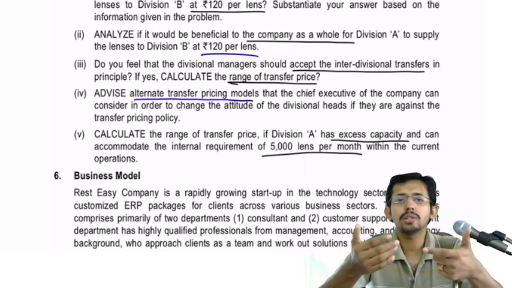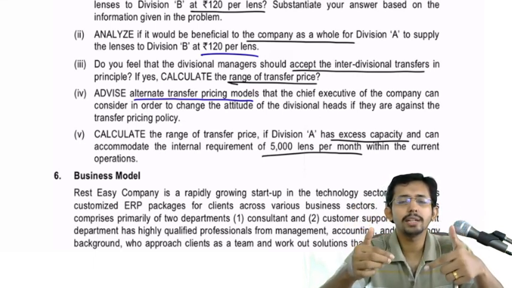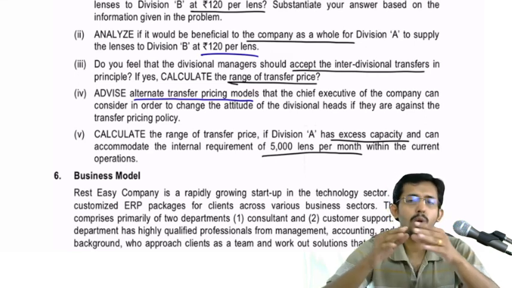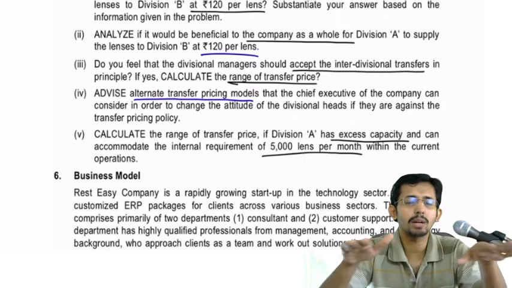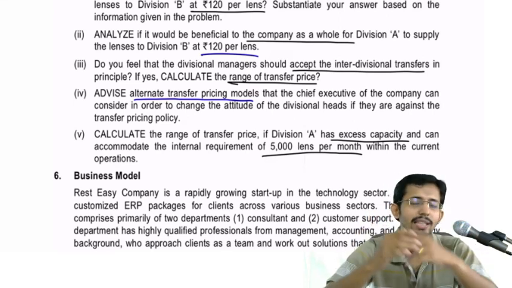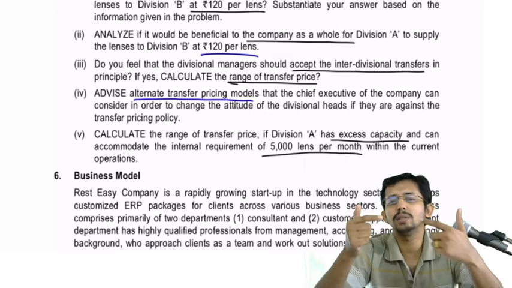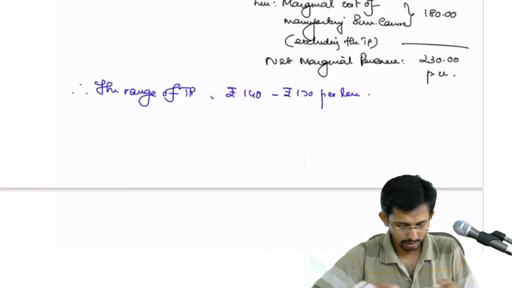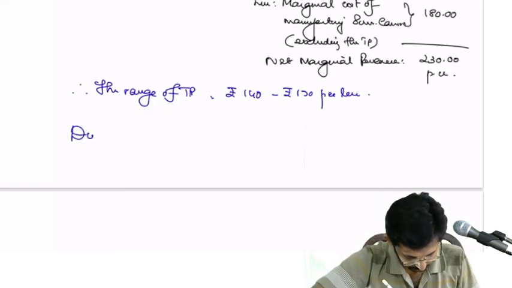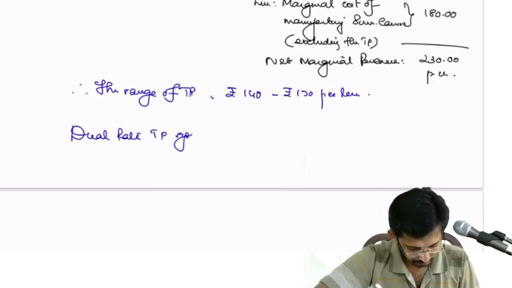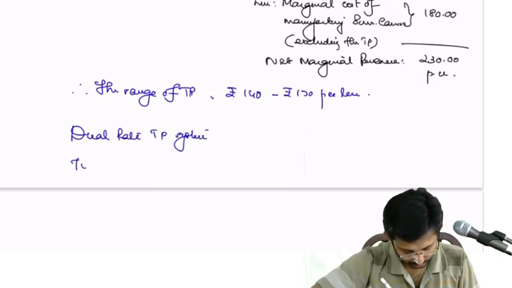Now suppose those discussions or negotiations are not helping the chief executive to come into a settlement and reach a negotiated transfer price, then there are some special methods in which the conflict can be resolved. That is what is known as dual rate TP system and two-part TP system.